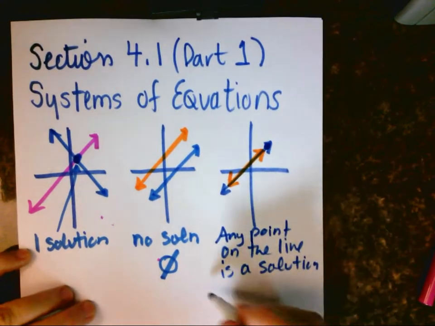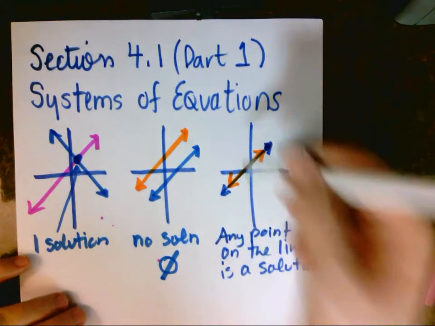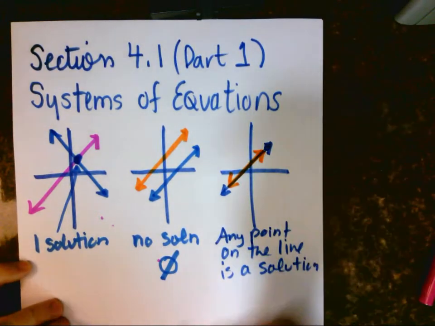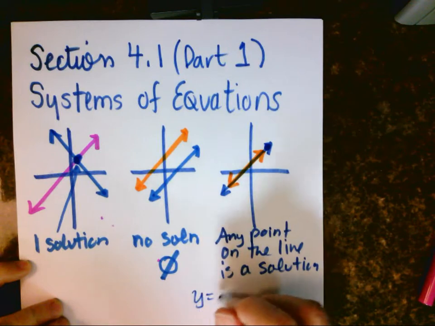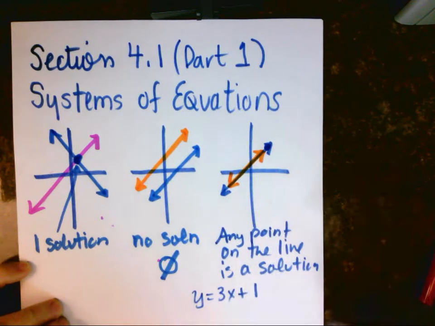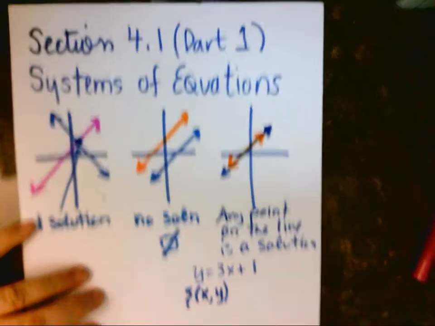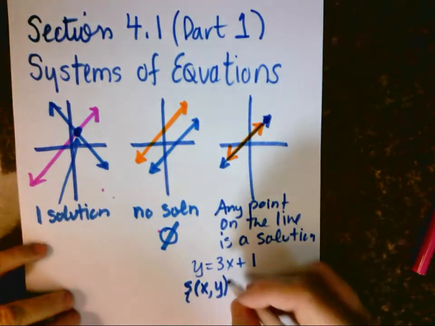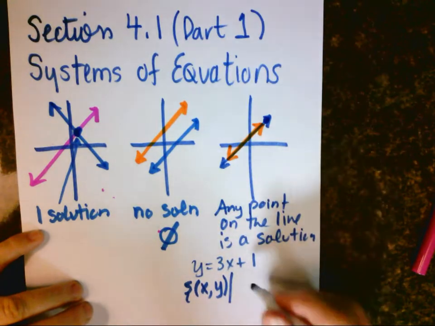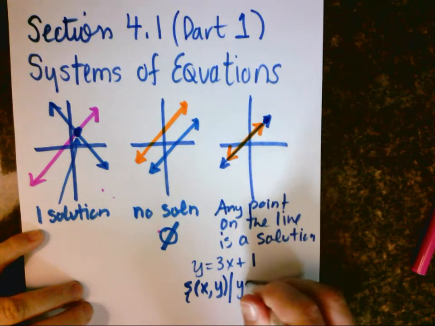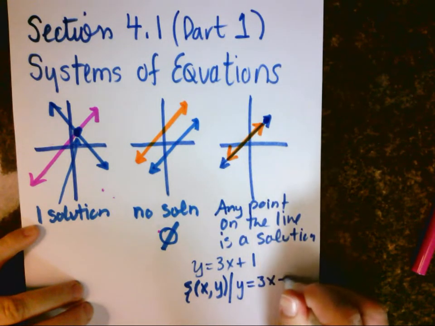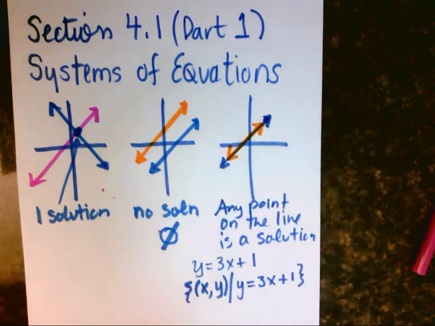Now, in my MATLAB notes, these lines will have equations, like the line equation might be y equals 3x plus 1, something like that, okay? And then the way they're going to write the solution set is they're going to say the set of all xy points, tip my camera there, where they satisfy this equation, like that, okay?